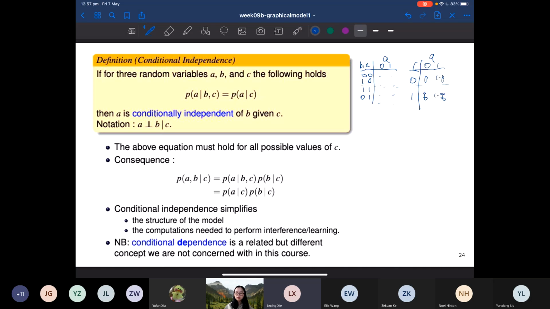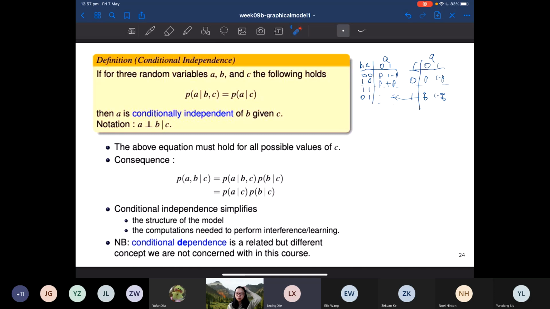So if these numbers are exactly the same for each of these cells, if this is P1 minus P and this is P1 minus P, and the same holds for the bottom half, then this statement here holds, right? So it's just to say the above equation must hold for all possible values of C.